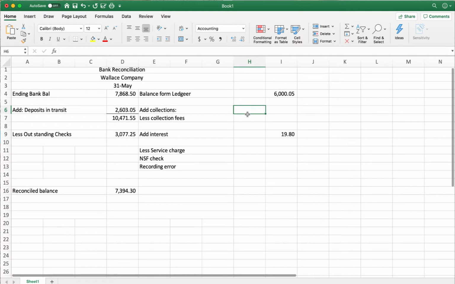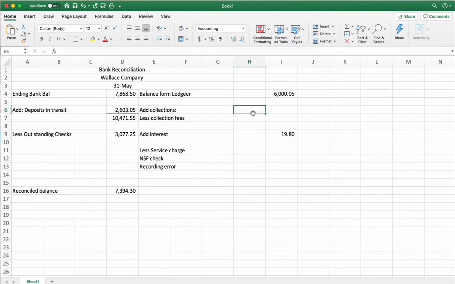Number 4 says the bank collected a $2,400 note receivable for Wallace and charged a $30 collection fee. Both items appear on the bank statement. So that means that the bank collected money for us and they withheld a fee. That's reflected in this ending balance on the bank statement. It is not reflected in our books. So we need to add that.